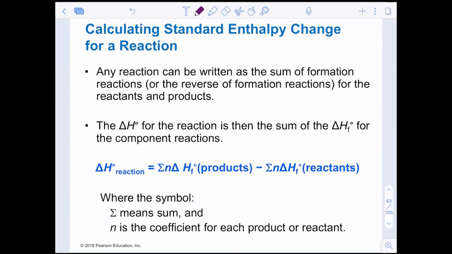Products are formed, reactants are broken up. So products minus reactants: the sum of the products added up minus the sum of the reactants added up. The n is there because, again, coefficients are going to be utilized.